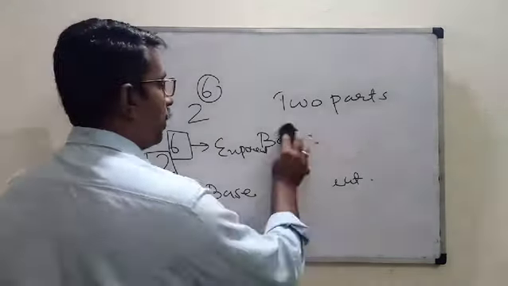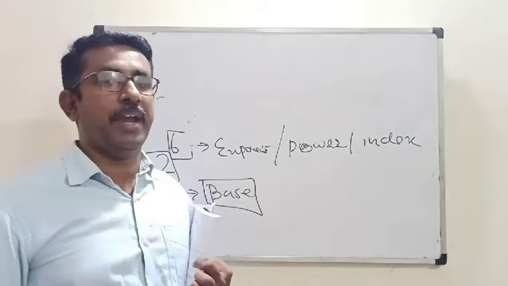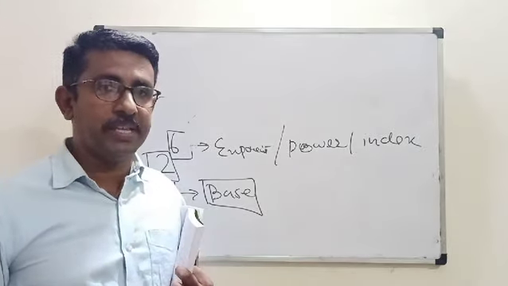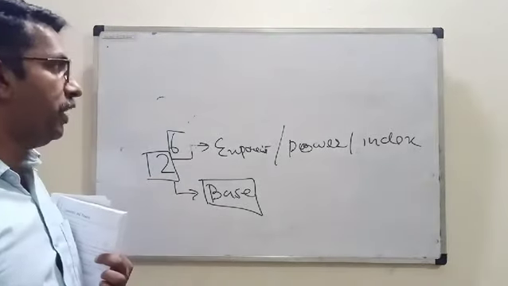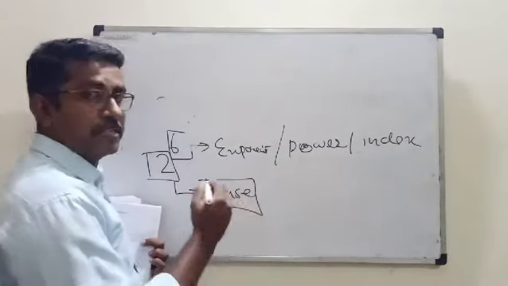This is the base. The exponent shows us how many times the base is to be multiplied with itself. And what is the base? The number which is to be multiplied with itself.